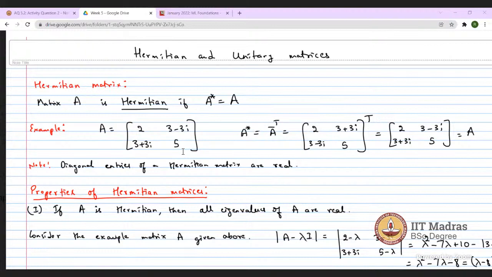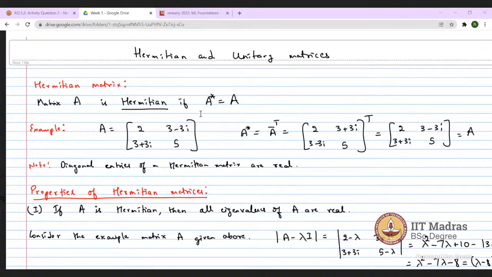The transpose does not change the position, and this means that the conjugate should be the same as the diagonal elements, and that can happen only if the diagonal elements are real numbers. So for a Hermitian matrix, the diagonal elements will always be real numbers. Is that clear?